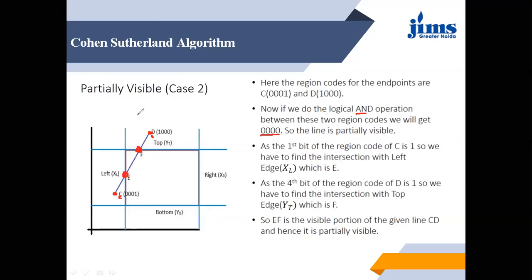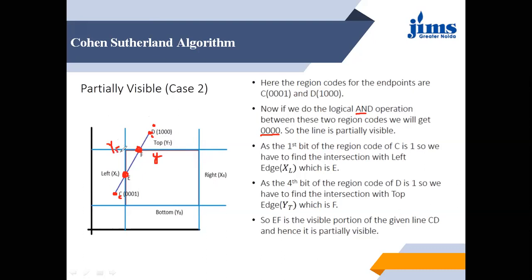After finding the slope of the line, I know the coordinate of D, and when I want to find out the intersection point F, in that case I know the value of y, the intersecting point with y, that is yt.